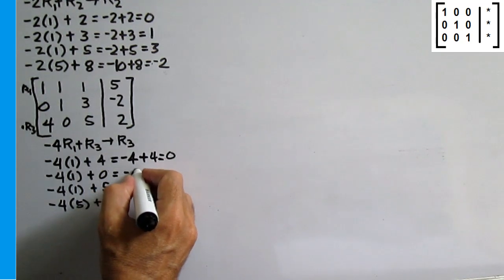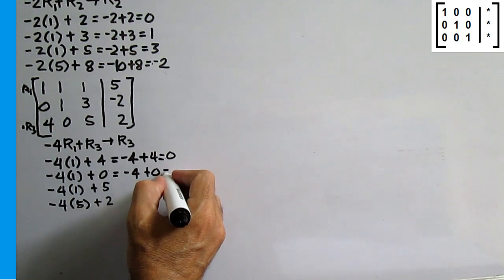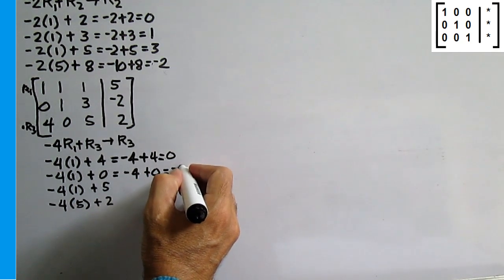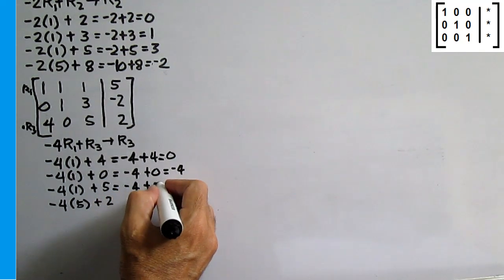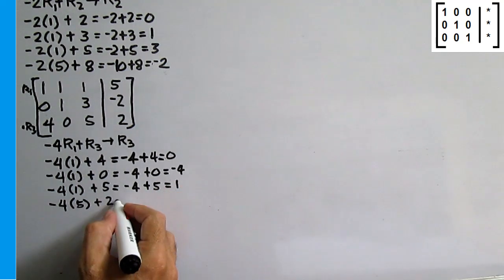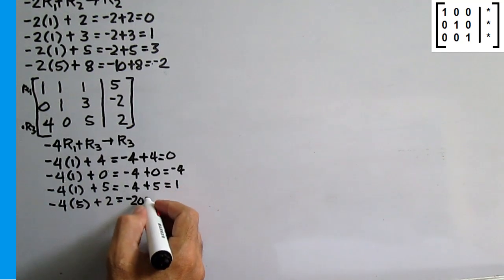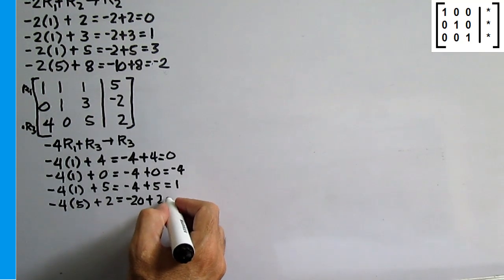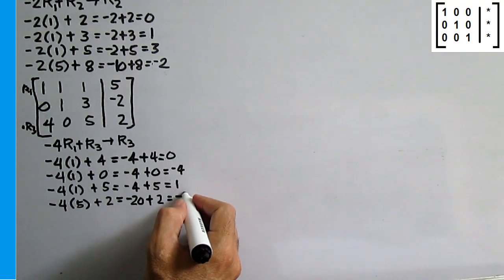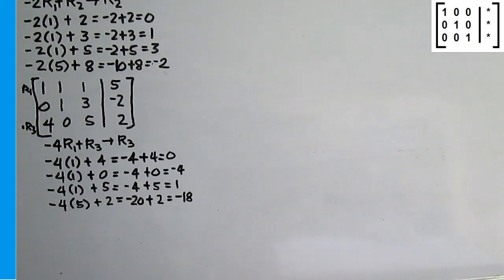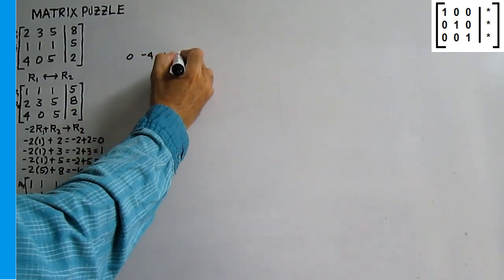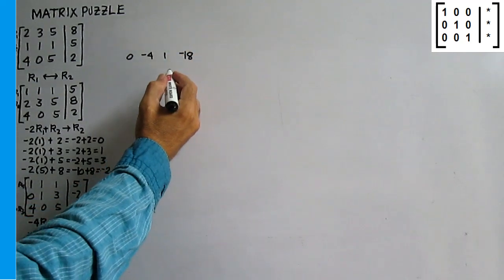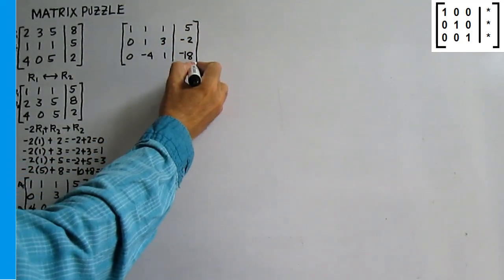Negative 4 plus 0 equals negative 4. Negative 4 plus 5 is equal to 1. Negative 20 plus 2 is equal to negative 18. Our new matrix is: replace row 3 and copy row 1 and row 2.